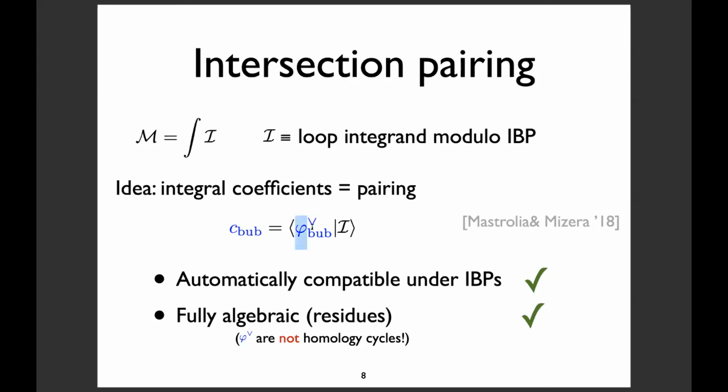The space of dual forms is another space that is also dual to integrals, and they are not homology classes. They're not cycles. The reason that's useful for calculations is that we can do everything algebraically, whereas if you start playing with integration cycles, you have to do integrals, and that's a transcendental operation. Everything we do will be algebraic. That's the great thing about this approach. So you can extract coefficients using algebraic steps.